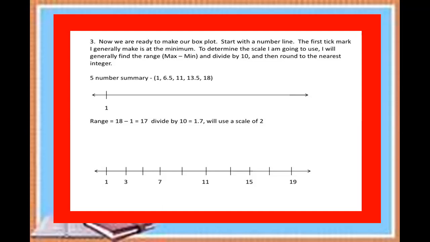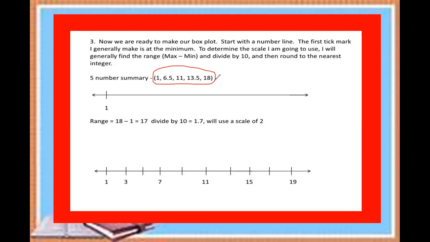So you have now here how to make the box plot. Take note, we have 5 values that we are trying to find out: the minimum, the first quartile, the median, the third quartile, and the maximum values.